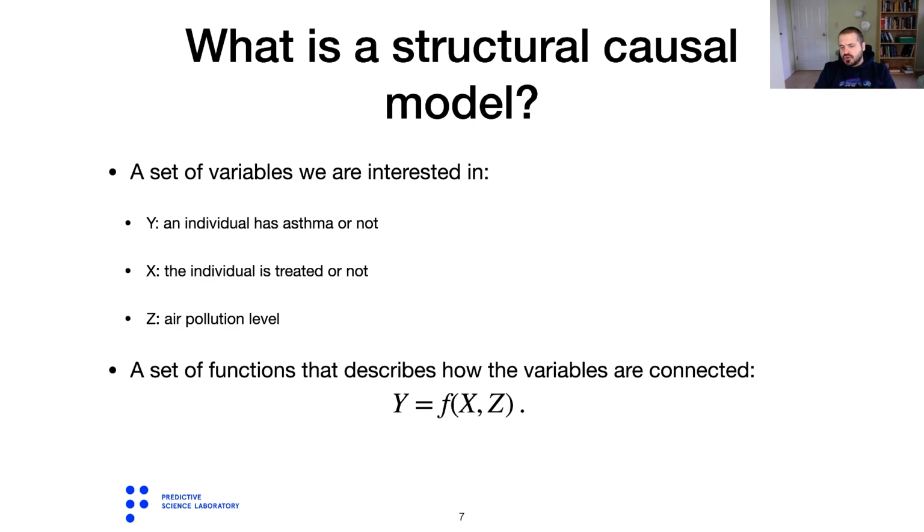Now, these functions here are to be interpreted as causal mechanisms. So f is describing how x and z cause y. That's how you should interpret these functions. Now, the collection of all these variables along with these functions is called a structural causal model.